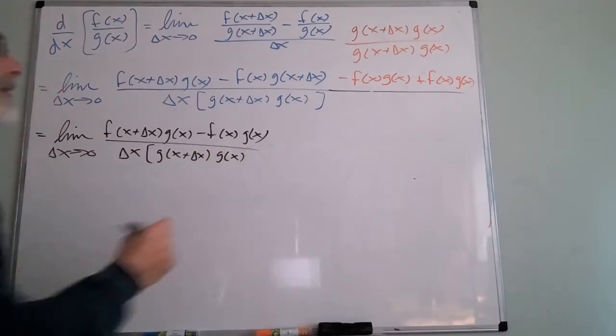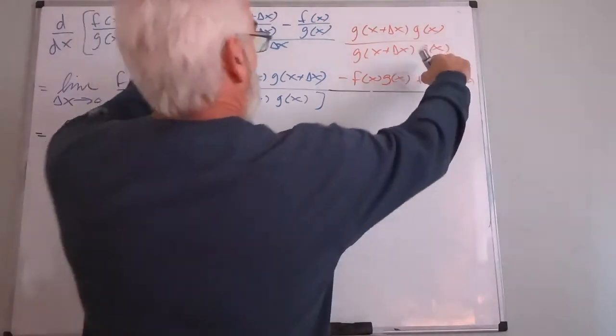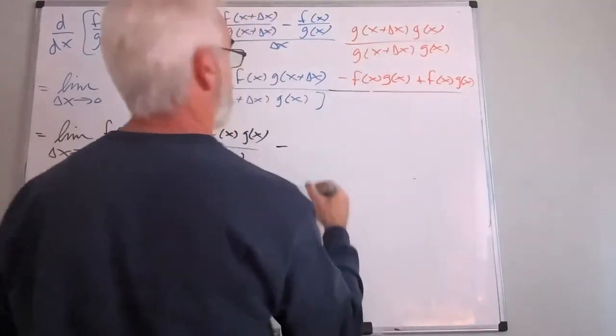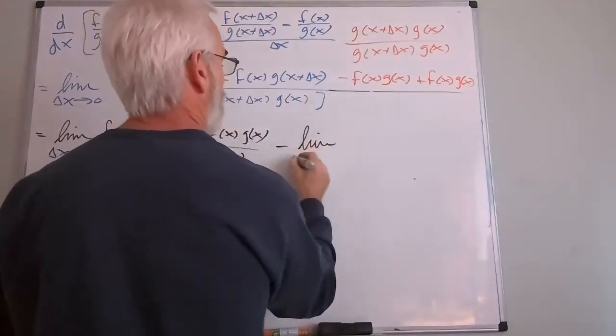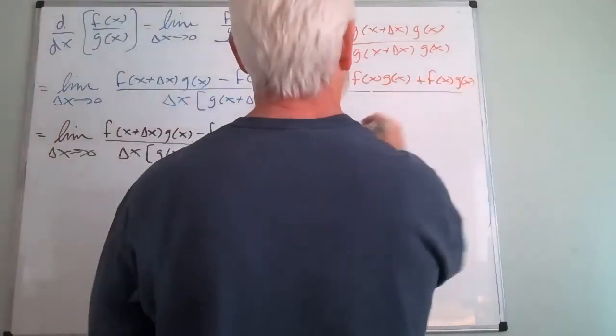Okay. Minus, and now I'm putting these two together, but I'm going to put it as a minus. So minus the limit as delta x goes to 0 of, so this one will be first.